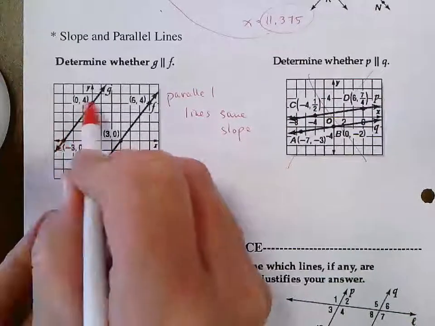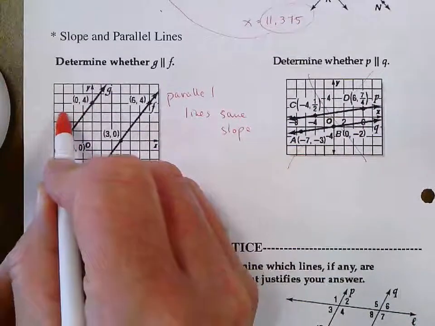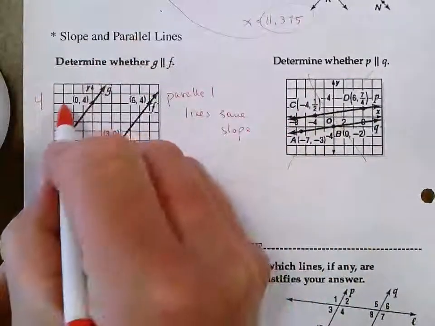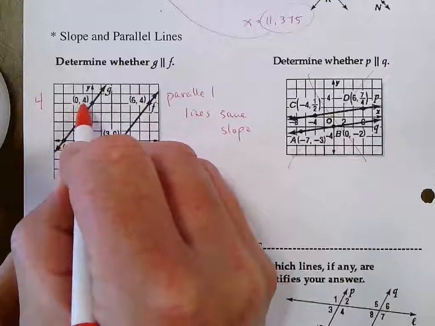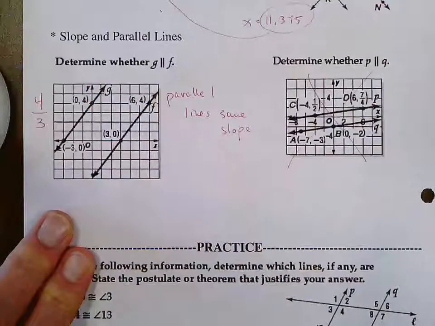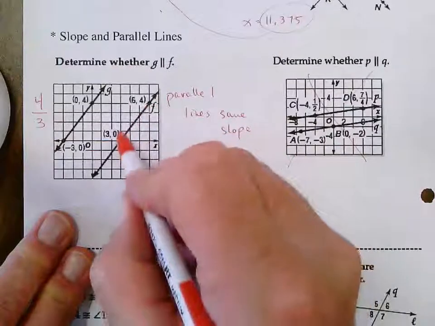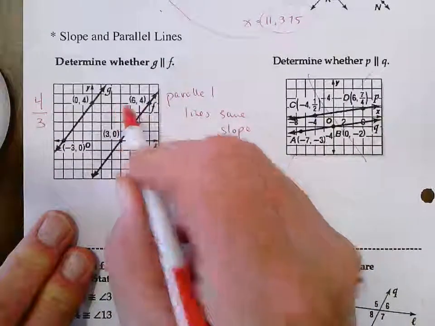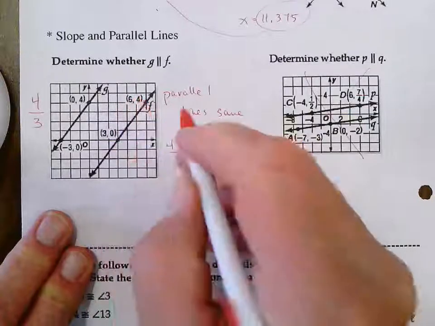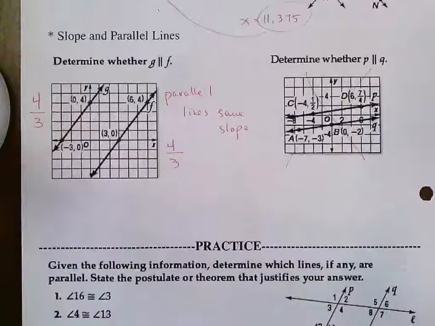To get from here to there, I would have to go up 1, 2, 3, 4. I went up 4, and I'm right here, and now I'm going to run 1, 2, 3. So I have a slope of 4/3 for that line, and then to get from here to here, I'm going to have to go up 1, 2, 3, 4, and then I'm right here, so I'm going to have to run 1, 2, 3. So they have the same slope, so those lines are parallel.